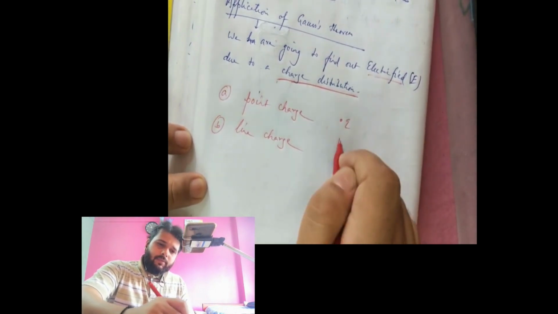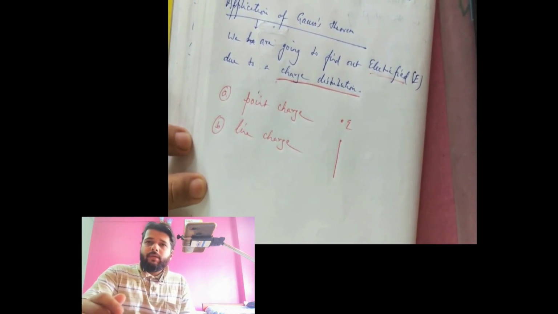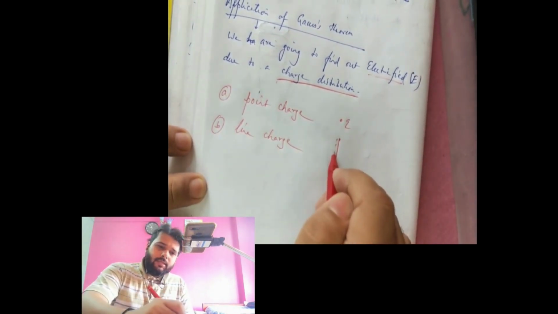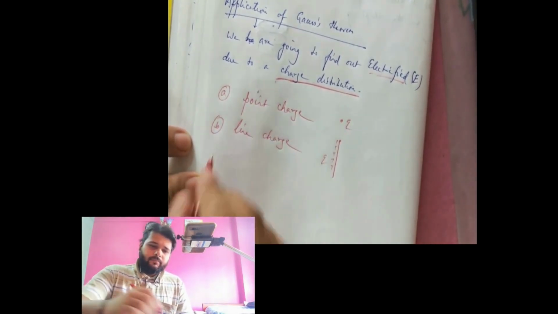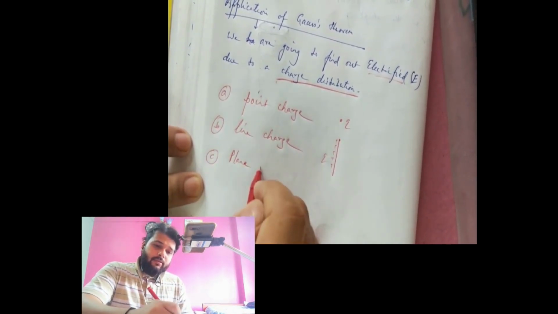a line charge. Line charge means suppose a copper wire is there and I have charged that copper wire, so we'll call that a line charge, and the total charge is, suppose, Q. Third, the charge can be in the form of a plane charge. This is a paper.